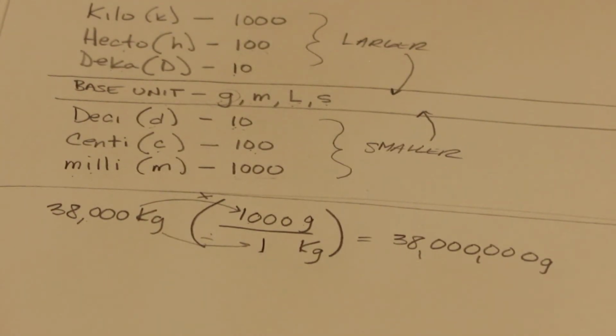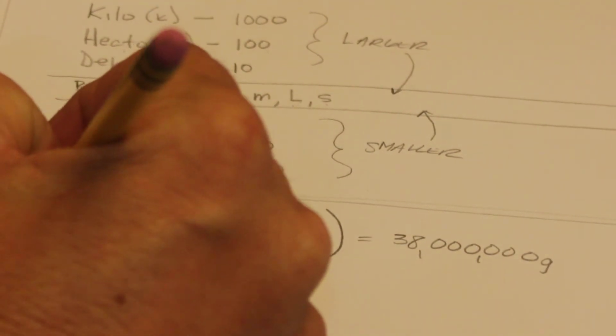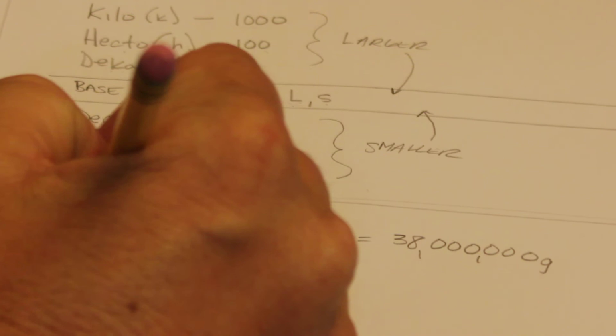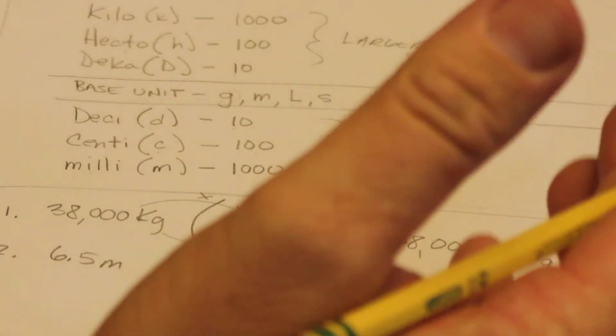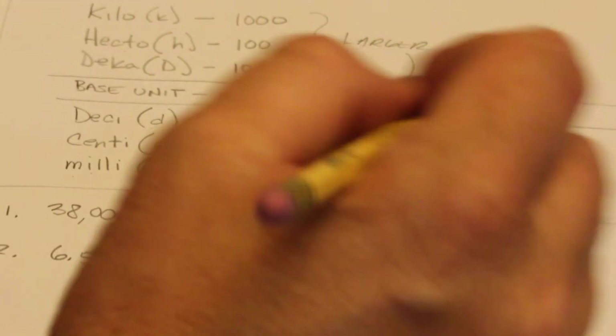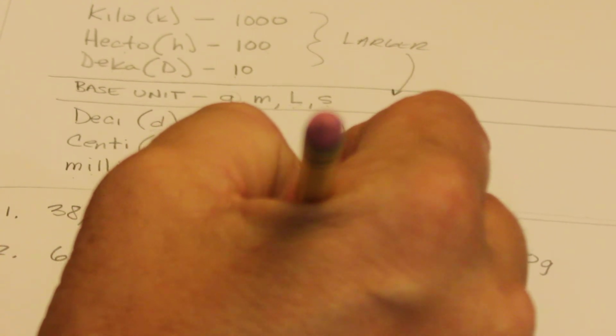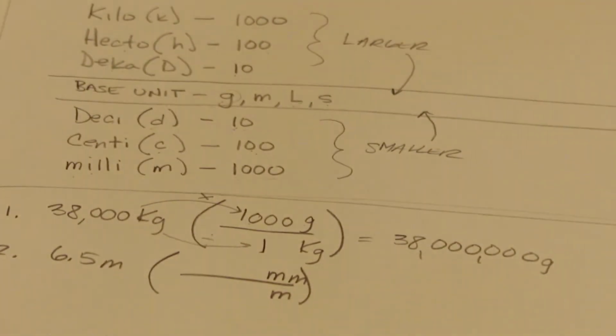Okay. Now number 2, what they wanted you to do was take 6.5 meters, and they wanted you to find millimeters. Same approach, you would take parentheses, because I am starting with meters, meters would go on the bottom, millimeters would go on top. Which one of those would be bigger?